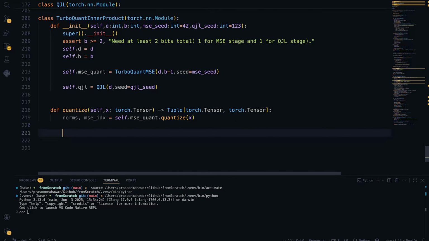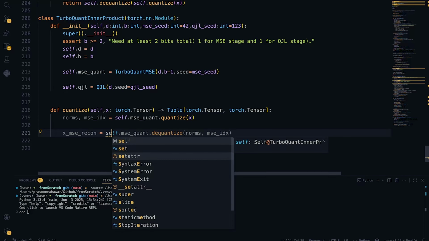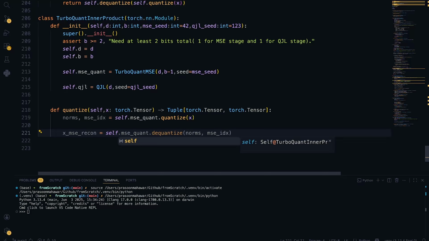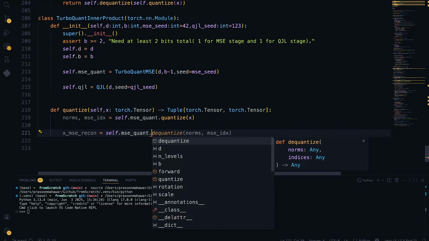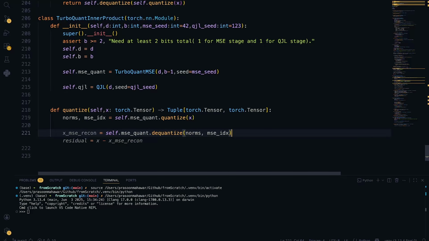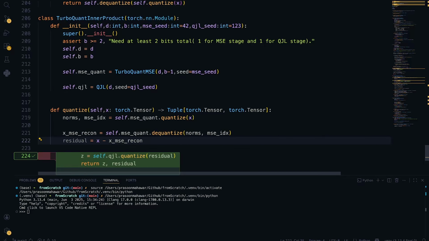Then we compute the MSE reconstruction to get the residual: x MSE recon equals self.mse_quant.dequantize, passing norms and MSE index. The residual is, as I guessed correctly, x minus x MSE recon.